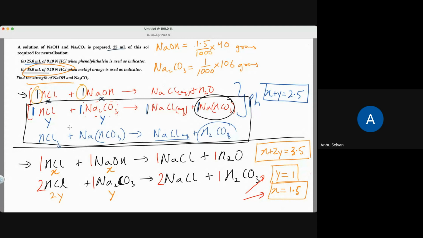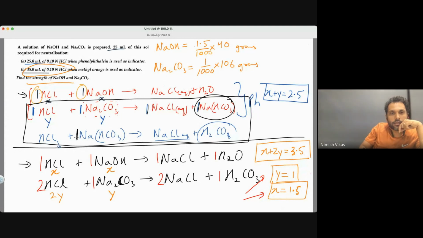Then this one can again react with an HCl to give you this and this. If you add both, you get this. While it is happening in 2 steps, it's like you are climbing 2 steps. When you have climbed 1 step, phenolphthalein is going to show that you have climbed 1 step. Methyl orange is going to show that you have climbed the steps when you have climbed both the steps.